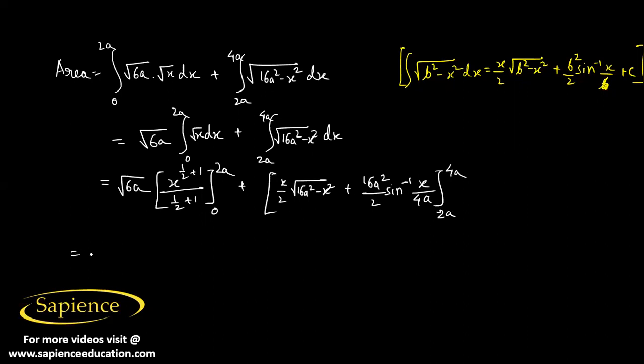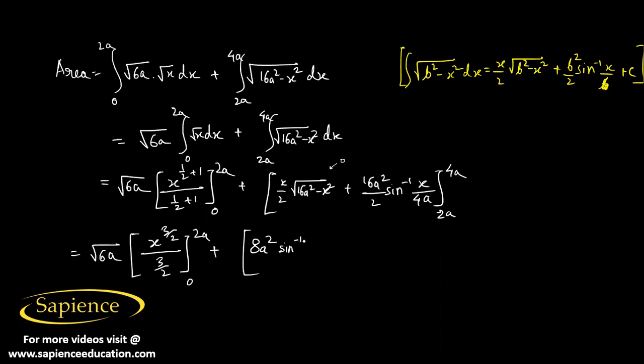So now this will be equal to the square root of 6a times x power 3 by 2 divided by 3 by 2, integrated from 0 to 2a, plus, now if we put 4a here, then this will become 0. So this will be your 16a square by 2, that is 8a square times sine inverse 4a by 4a, that is sine inverse 1.